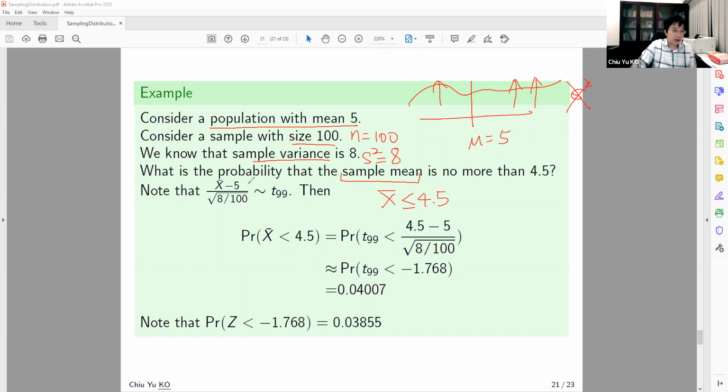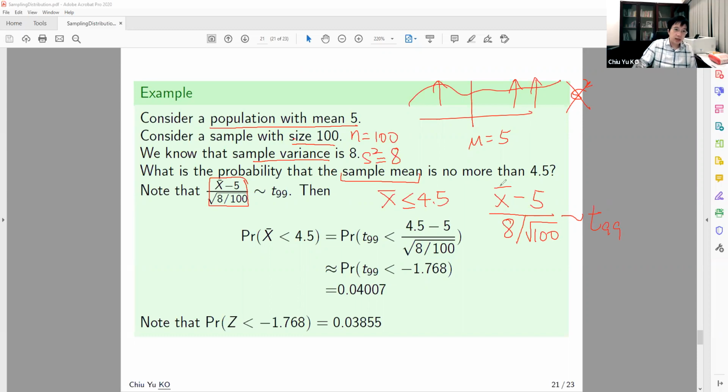From what we have just seen, the Student result shows that (X bar minus 5) over (S over root 100) has a t distribution with 99 degrees of freedom.